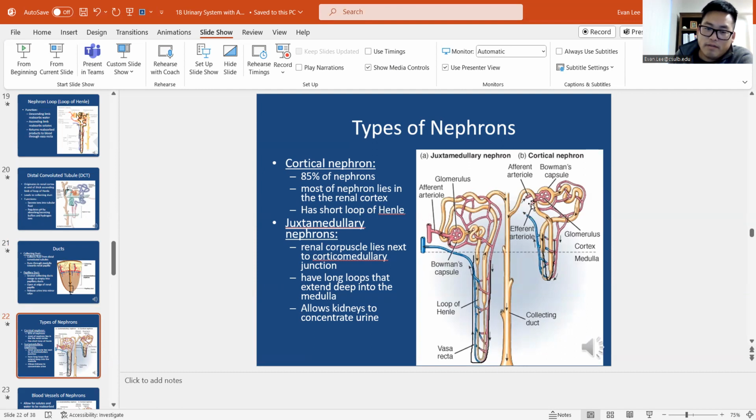But if you need to reabsorb more water and concentrate your urine, a lot of your juxtamedullary nephrons will be used instead. What that means is that the juxtamedullary nephrons will be right next to the medulla, and they'll have these long loops of Henle, and this is going to allow you to really, really concentrate the urine down here.